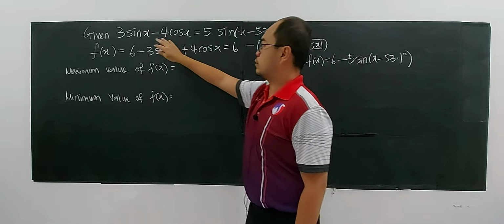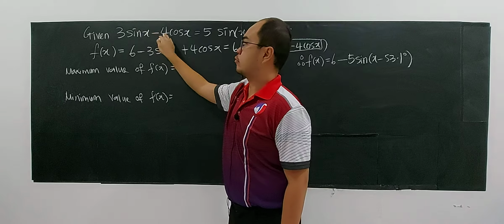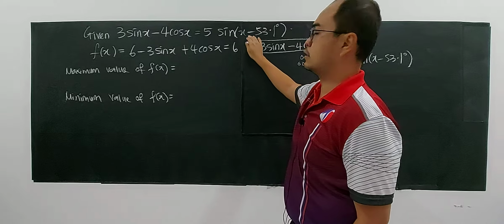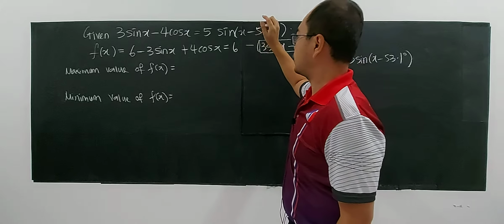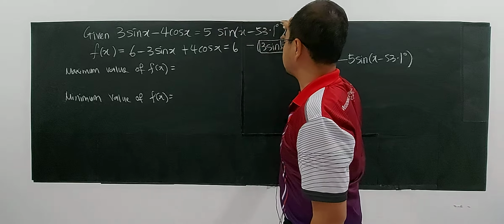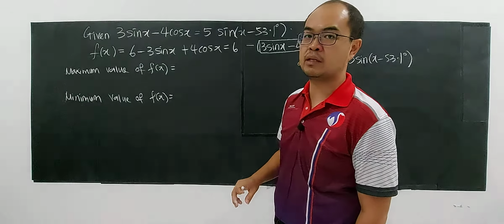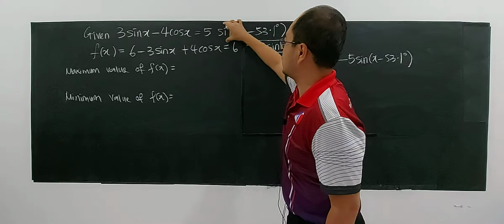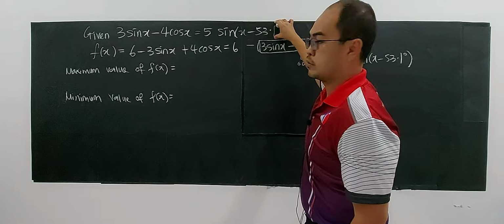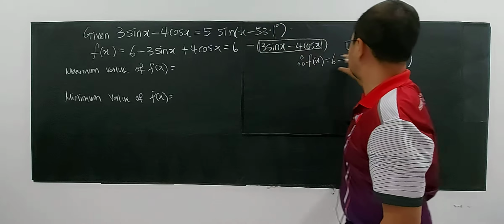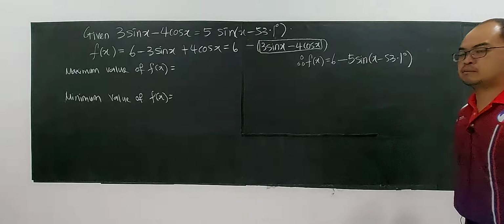When you're writing these two functions, you have sin and you have cos, so it's very hard for you to determine the maximum or minimum. But now you have rewritten this in the form of sin(x minus 53.1 degrees).